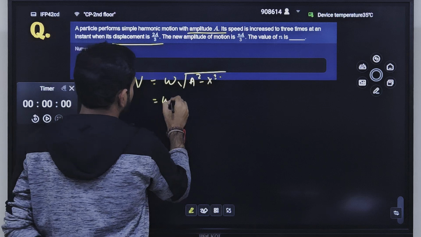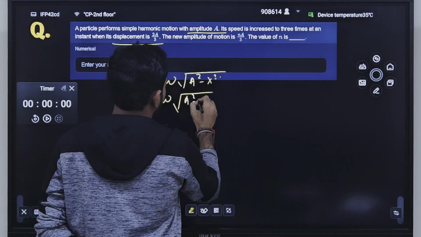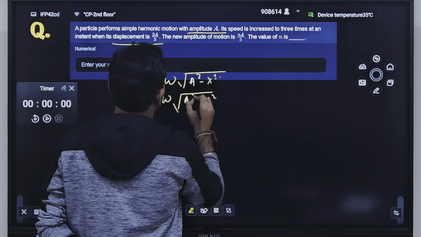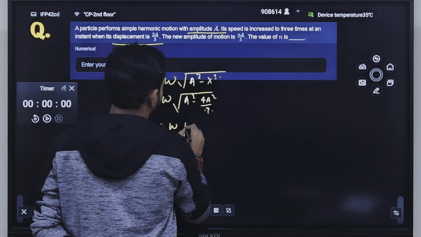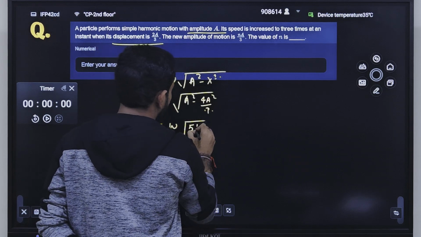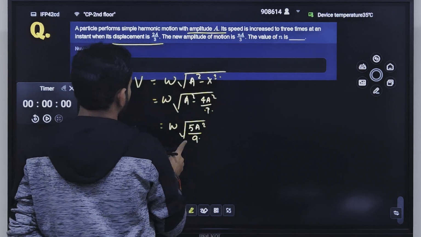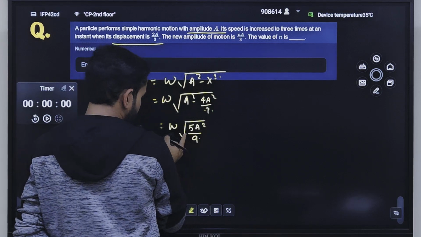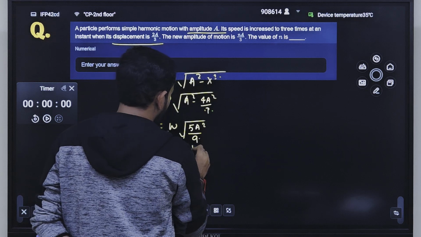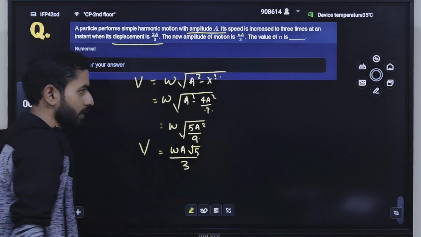So x square will be 4A square divided by 9. That means omega root under 9A square minus 4A square, all divided by 9, that is 5A square divided by 9. The 9 will come out, so it is omega A root 5 by 3. This is the initial velocity.